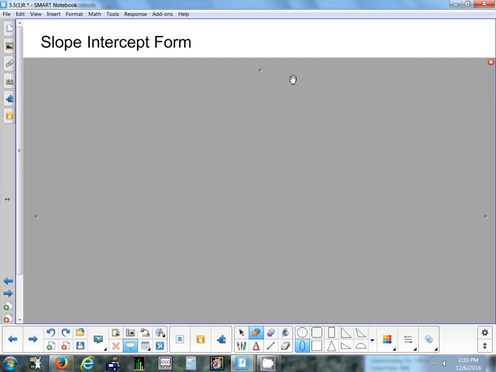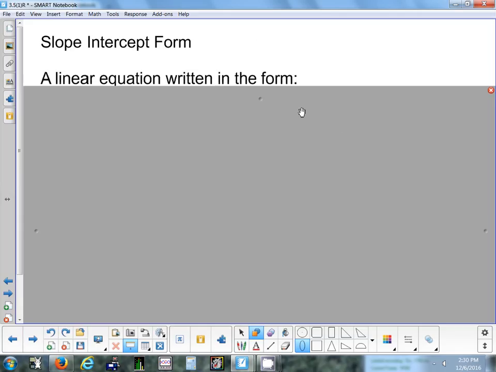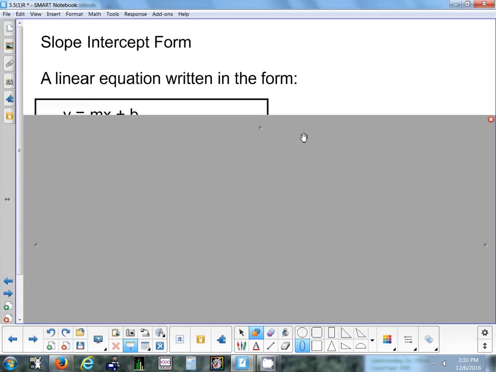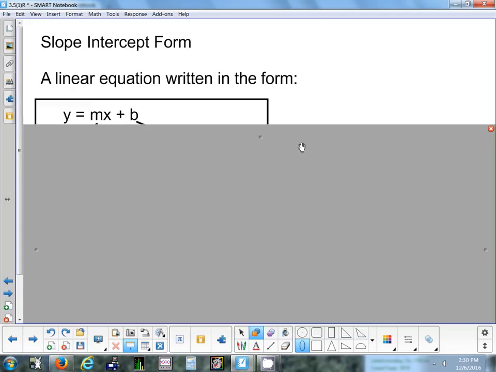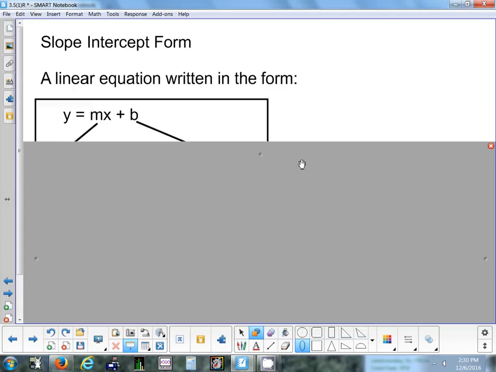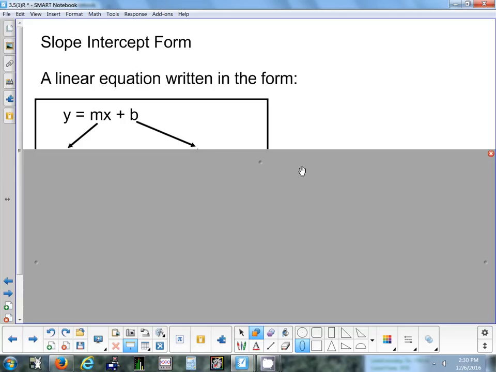Someone tell me, raise your hand, we've already talked about it a couple times this year. What is slope-intercept form? Vanessa? Very good. On your notes, write in y equals mx plus b. And you have the arrows. Make sure there's an arrow coming off the m and an arrow coming off the b.